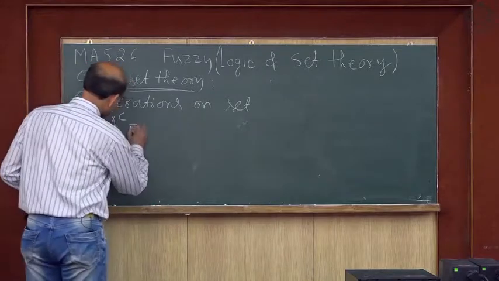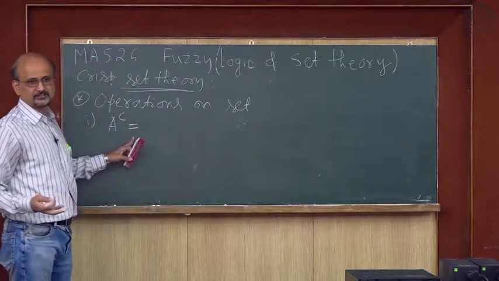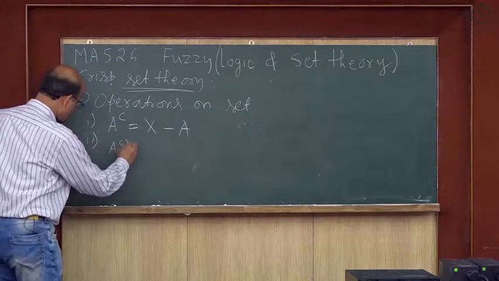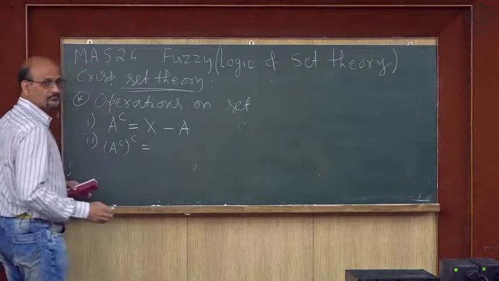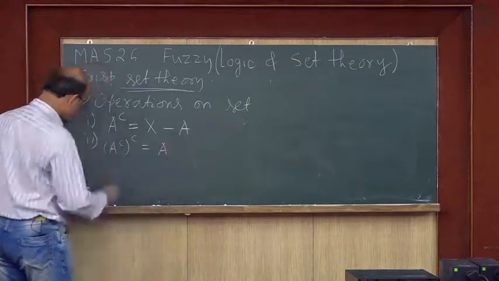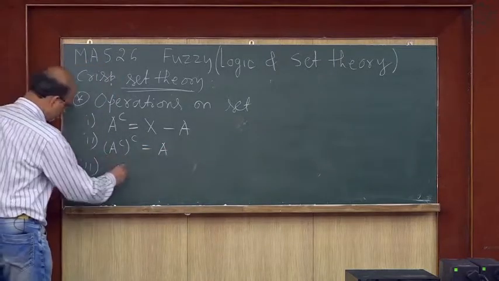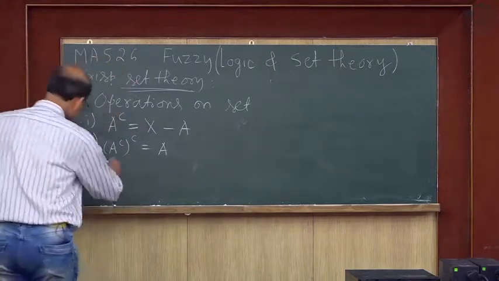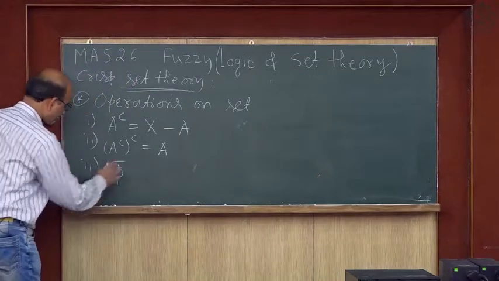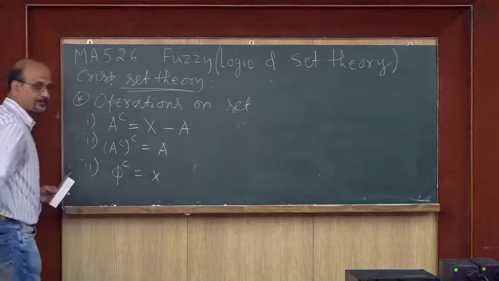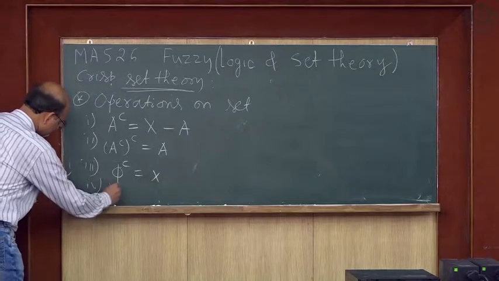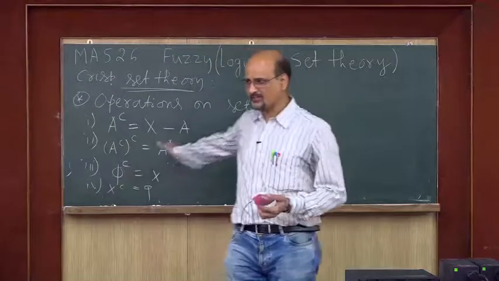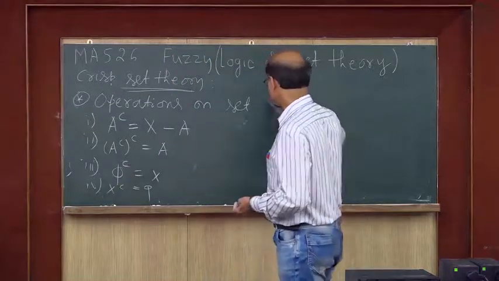If X is a universal set, A complement will be X minus A. Similarly, the empty set phi complement is your X, and X complement is phi. I hope you know what is phi, that is the empty set having no element.